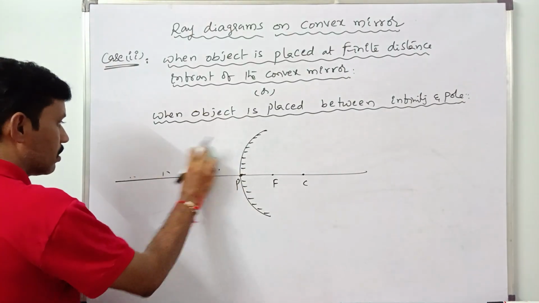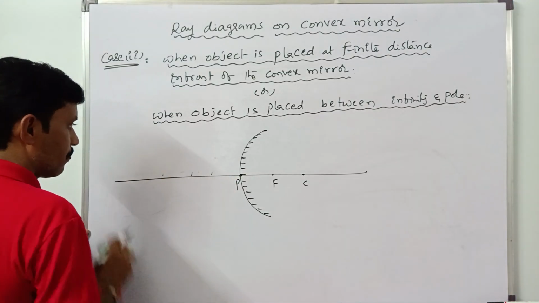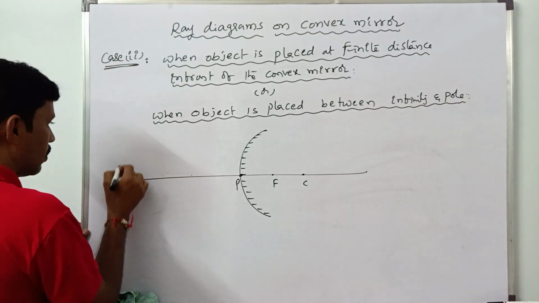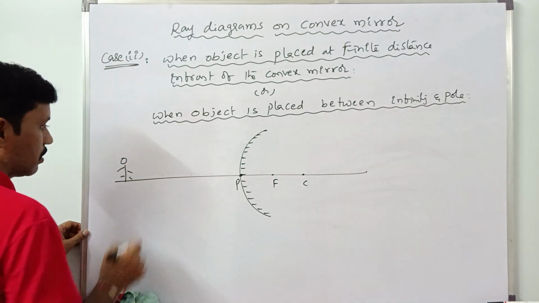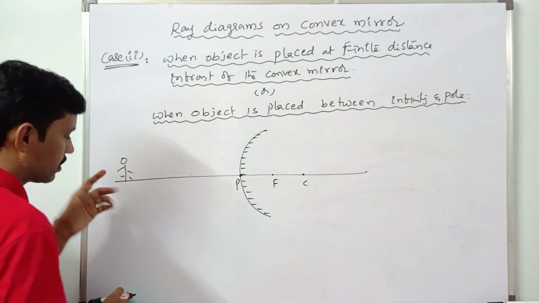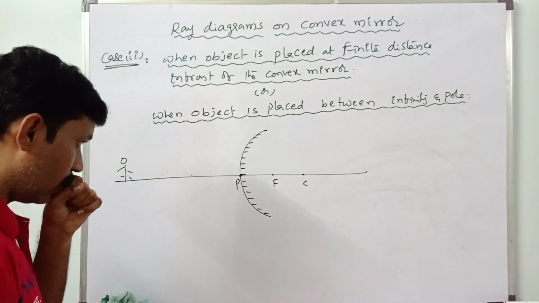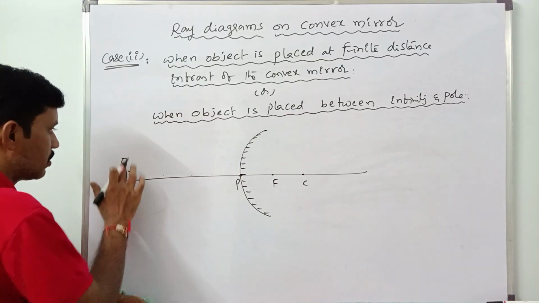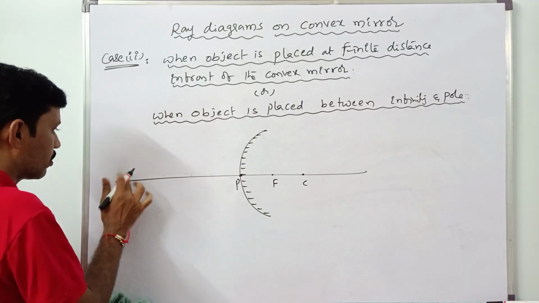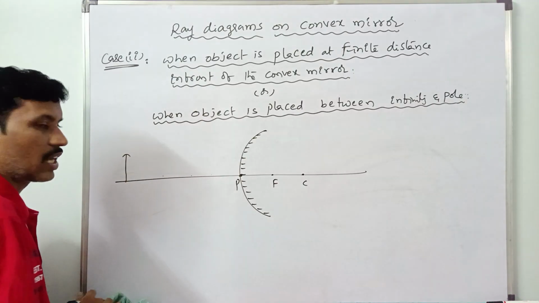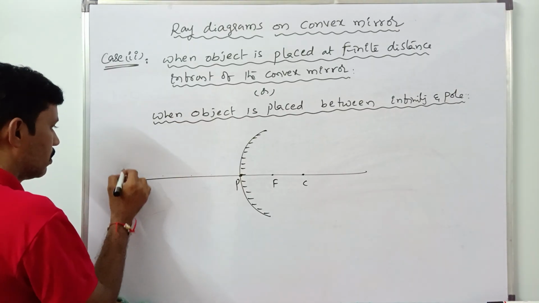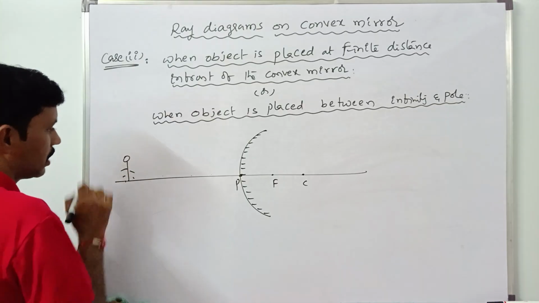So let us draw the object. For our convenience, an arrow mark as the object.